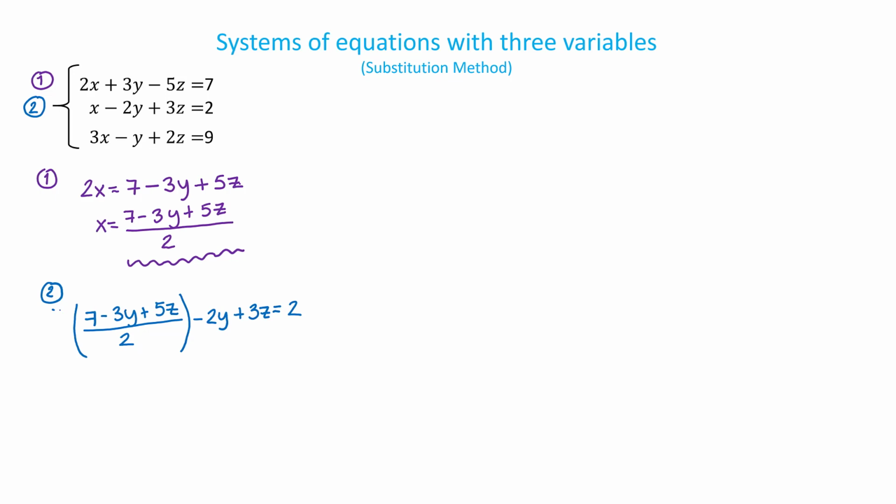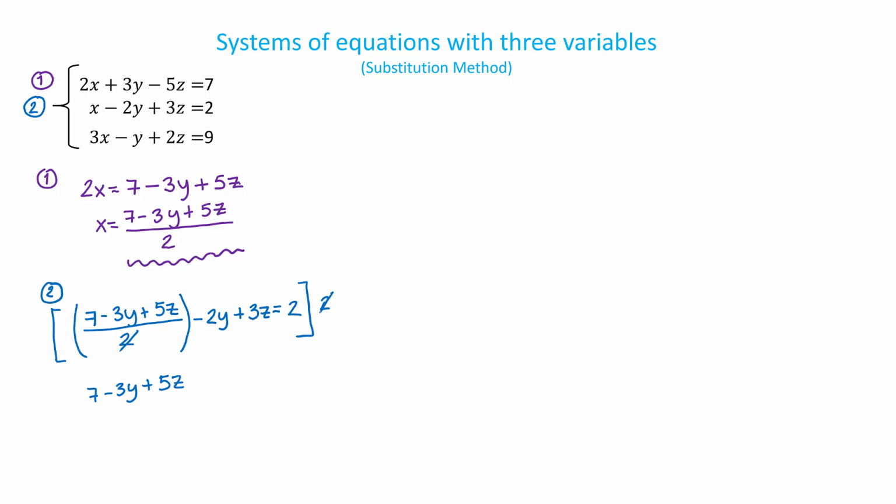So I'm going to multiply both sides of the equation times 2. Because when I multiply times 2 and then divide over 2, I get what I had originally. So these both 2's cancel out, and I am left with 7 minus 3y plus 5c.